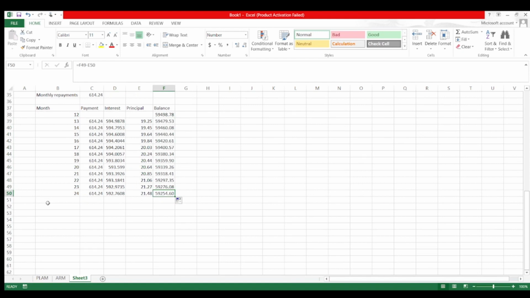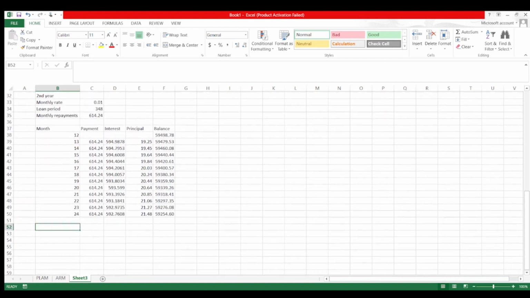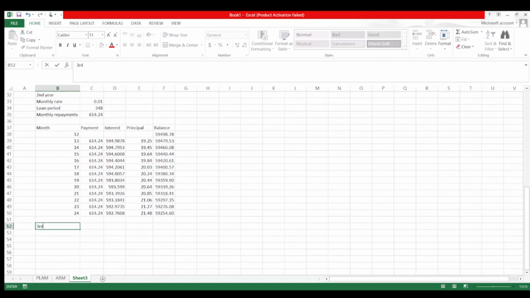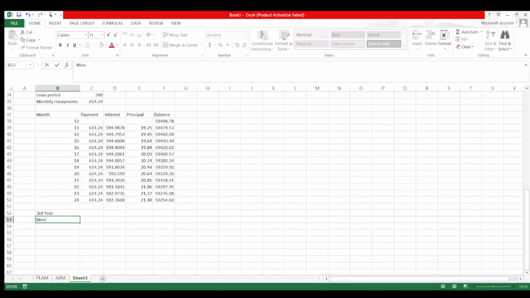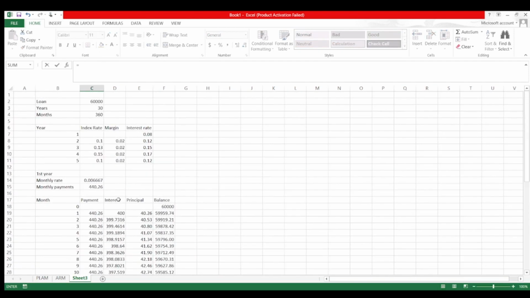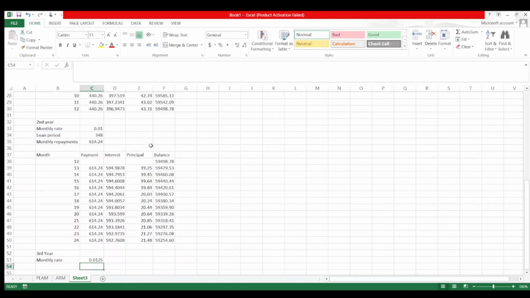So we can then proceed to the third year. So in the third year, our monthly rate is equal to 15% divided by 12.